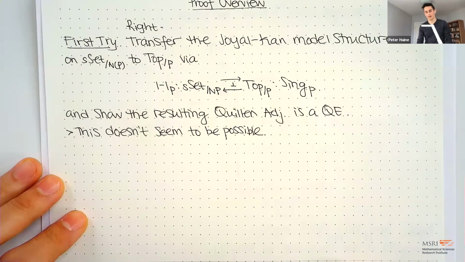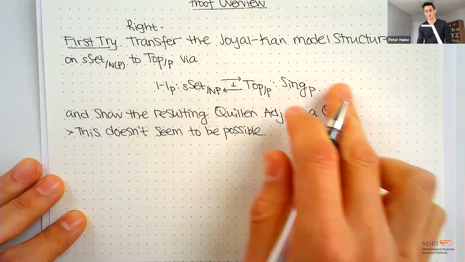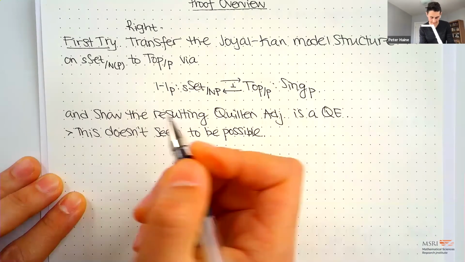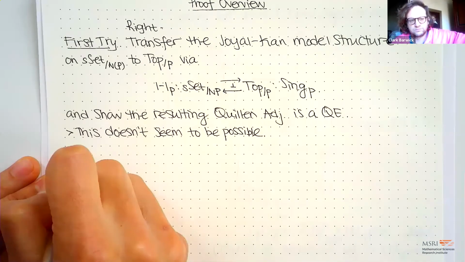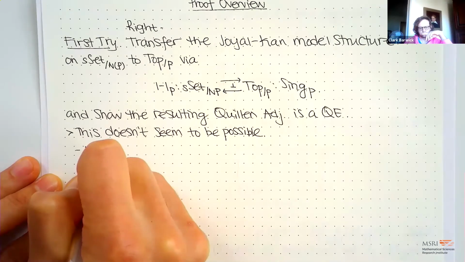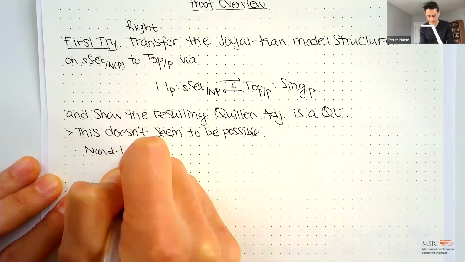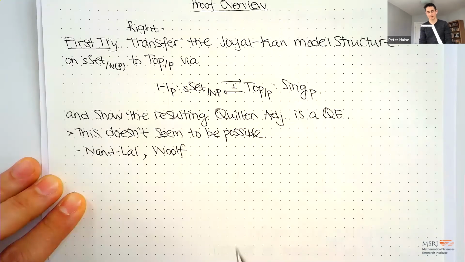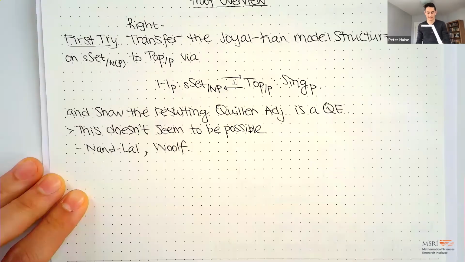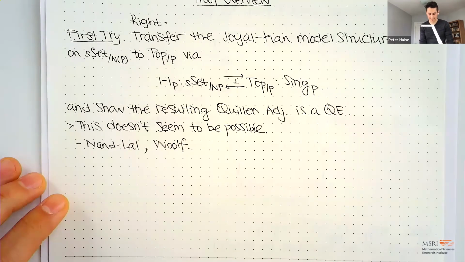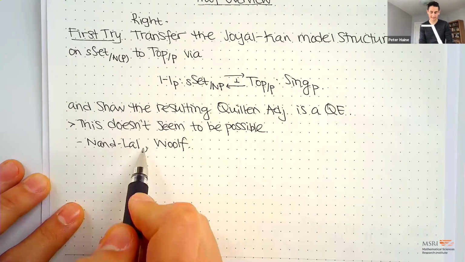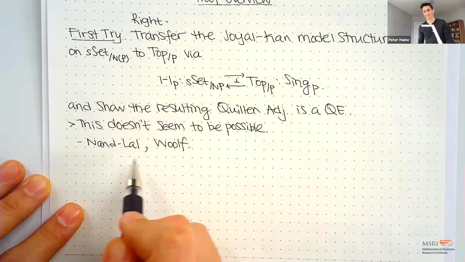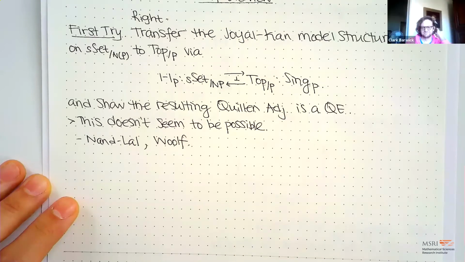I don't know. Many people have tried to do this sort of thing. Some other people besides me who tried to do this are Stephen Nand-Lal and John Wolfe, for example. But it seems quite difficult to do this. Stephen's thesis is really nice, and he outlines in a section a ton of reasons why this seems very, very difficult to do.